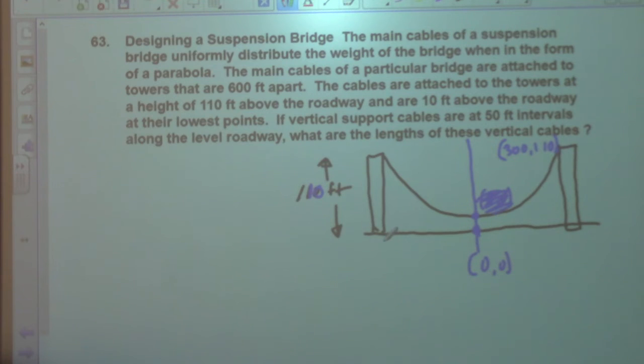No, there is not. In fact, I could put 0, 0 over here. Does it not change the answer? But if I put 0, 0 over here, I would have to make this 600, 110, right? And I would make this point here, like, I think it's just going to be easier.